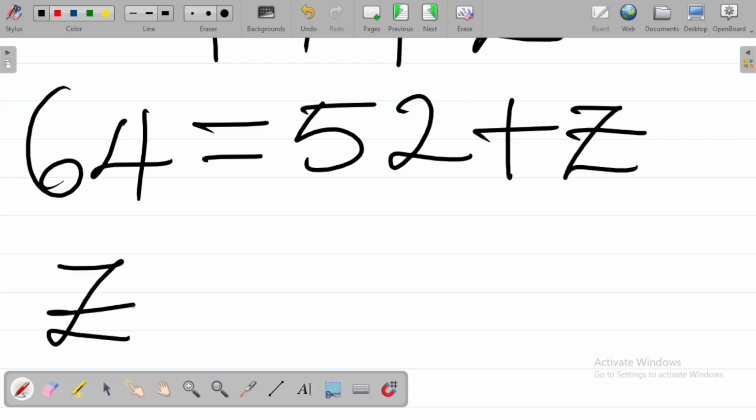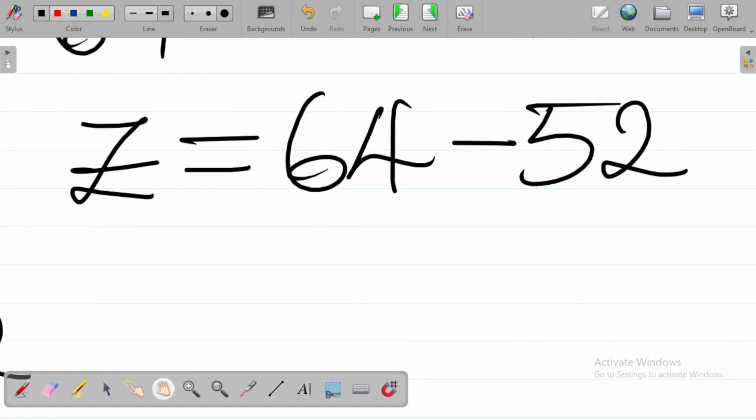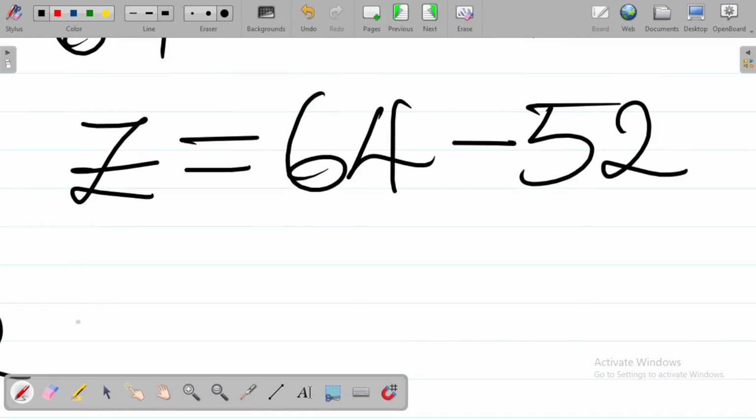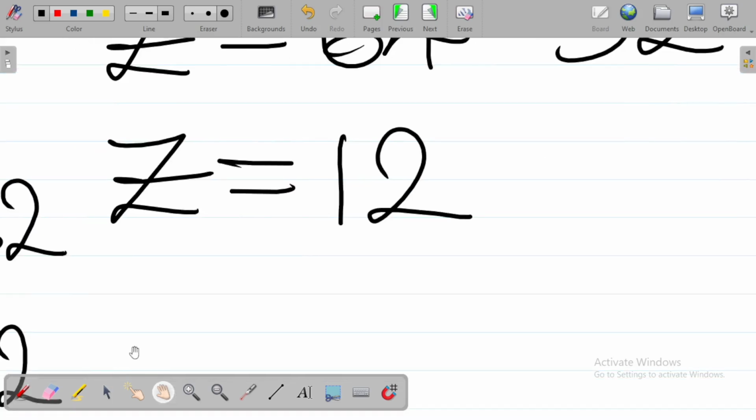Therefore, Z is equal to 64 minus 52. So the value of Z is equal to 12. So this is the value of Z.